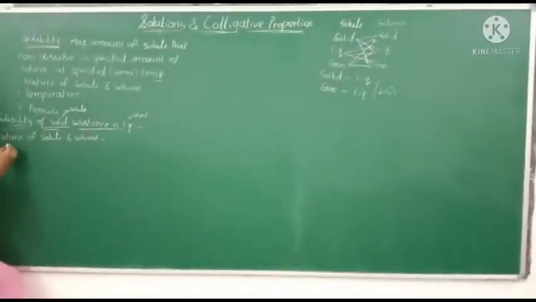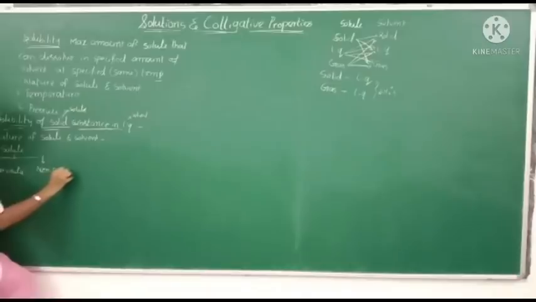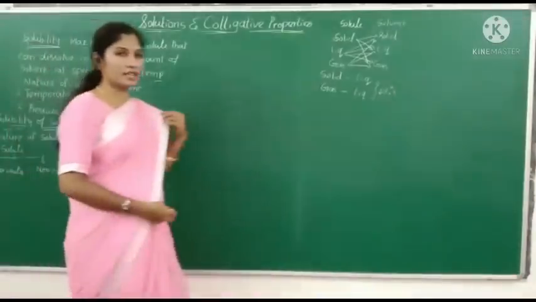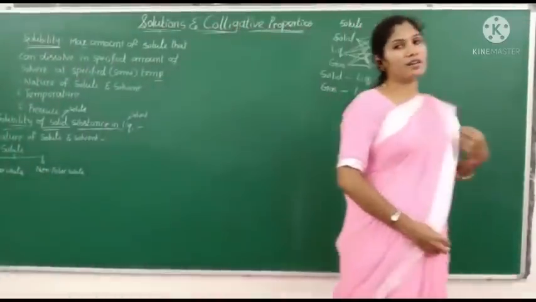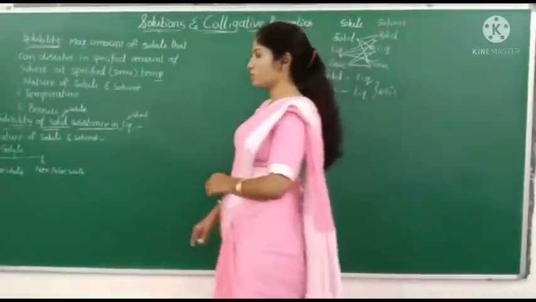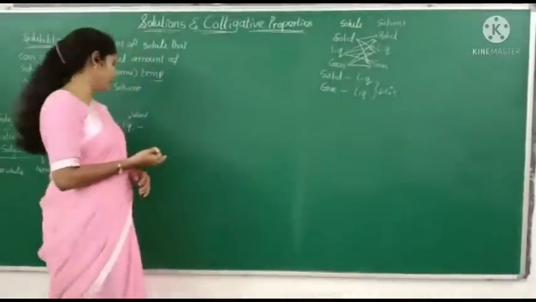So solutes may be present as two types: polar solutes and non-polar solutes. Polar solutes are the solutes which are polar in nature, and non-polar solutes are those which are non-polar in nature.